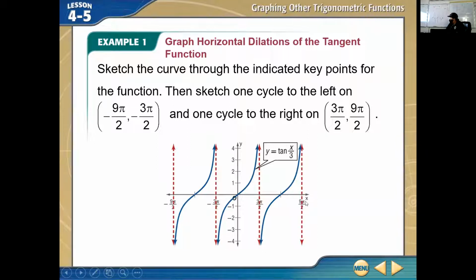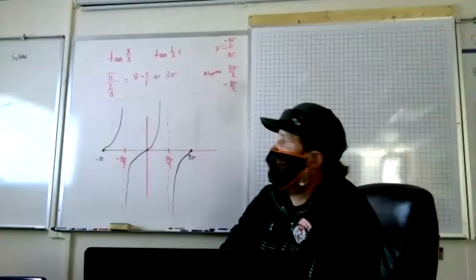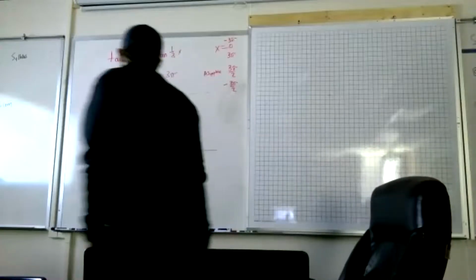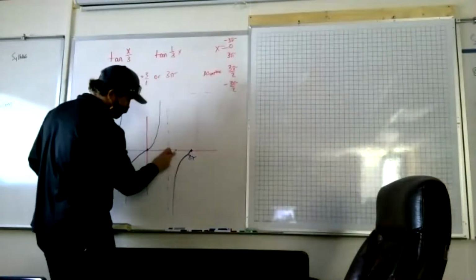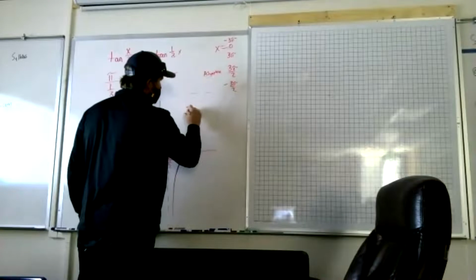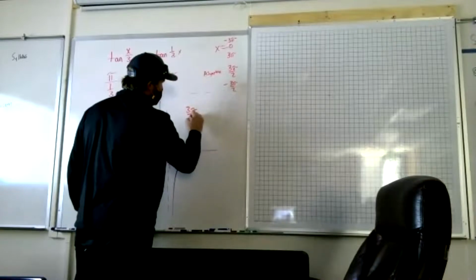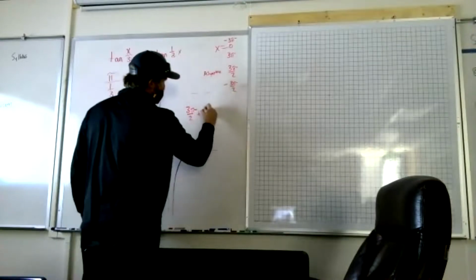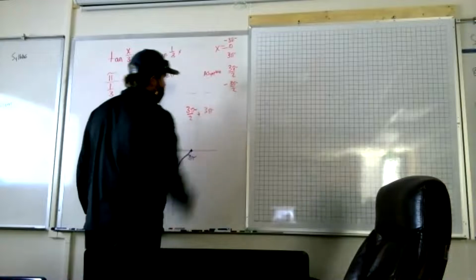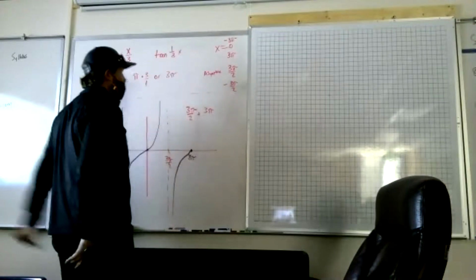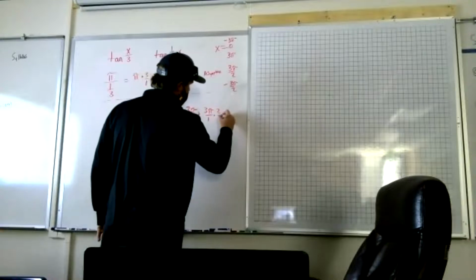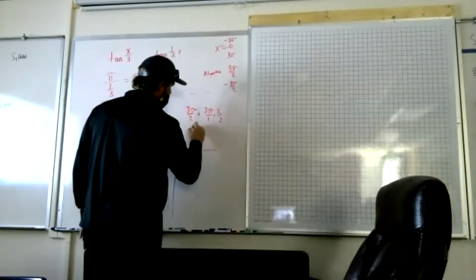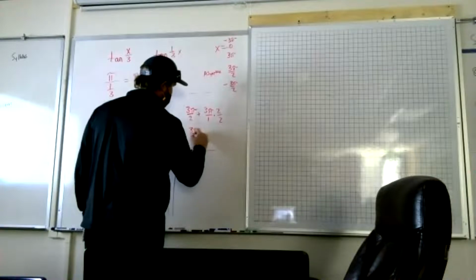I didn't carry it out here. This is 9 pi over 2. What I would have done is take 3 pi over 2, the location of this one, and add 3 pi to it. So first, I have to find a common denominator. I'd multiply by 2 to get that I'm really adding 6 pi over 2.